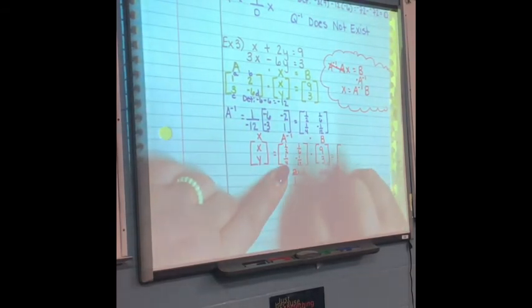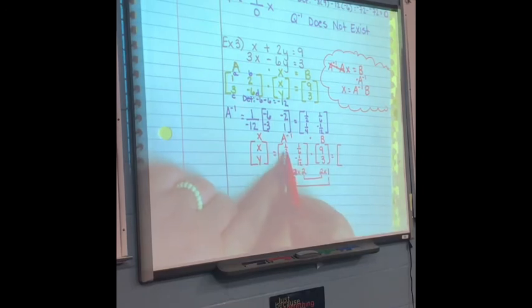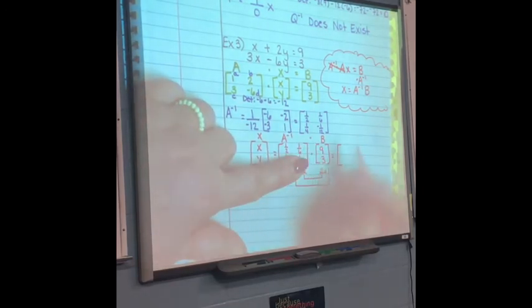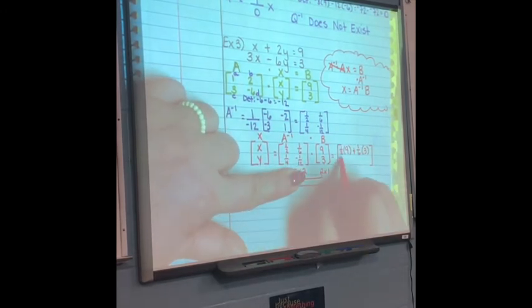So I've got to do row by column. There's only one column though. So I have 1/2 times 9 plus 1/6 times 3. And then on the bottom, 1/4 times 9 plus -1/12 times 3.